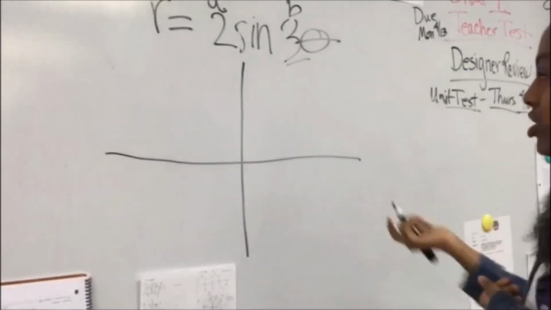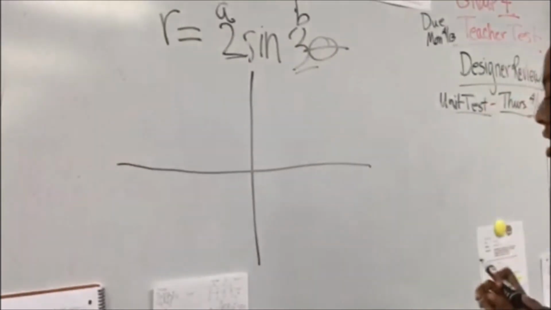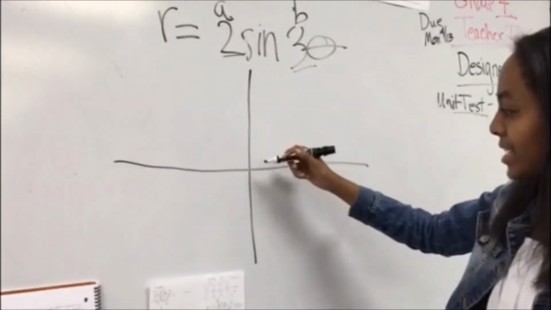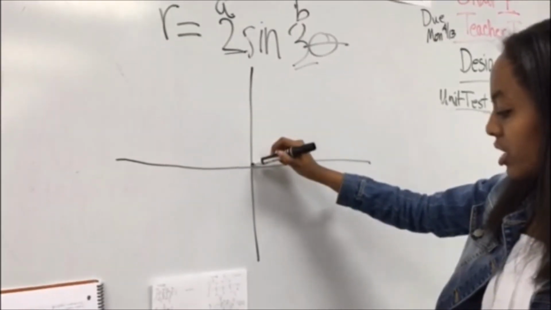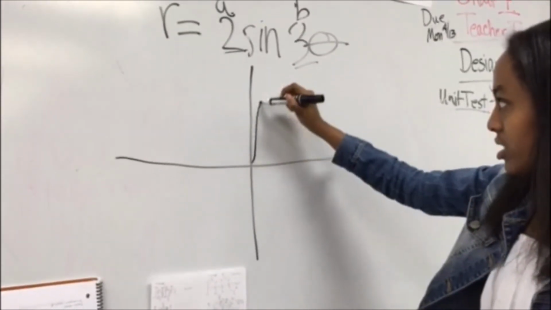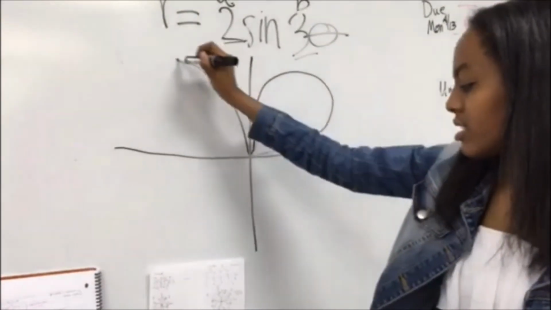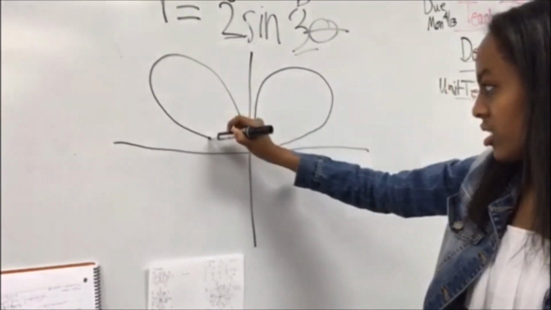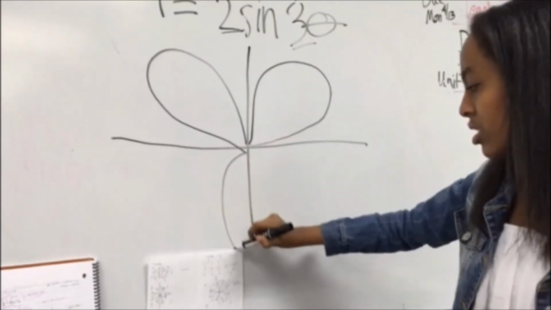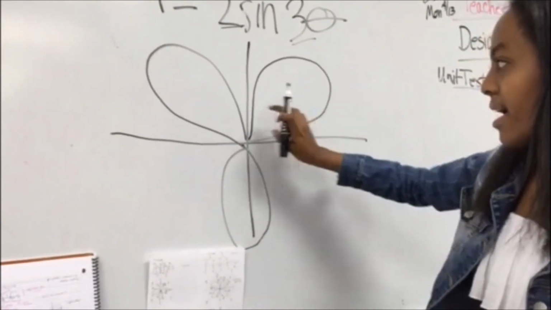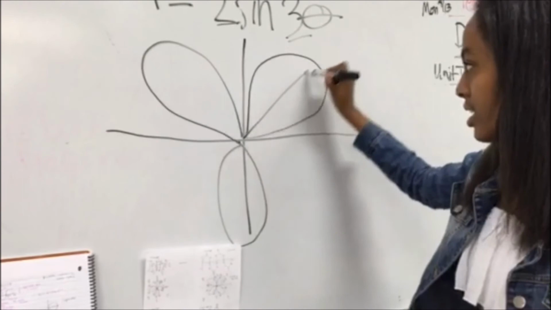And then your length is 2, so practically what your sine graph is going to look like is something along the lines of this. You have 3 petals, and the length is 2.